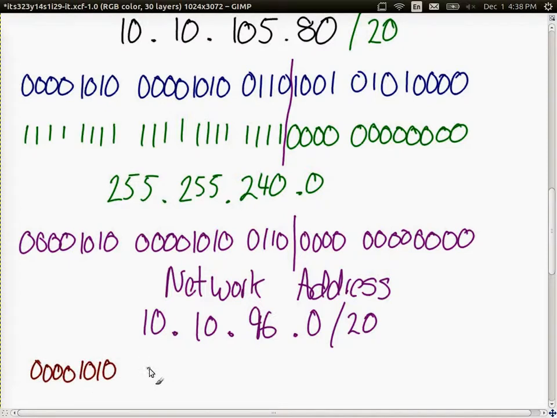Same network portion, so the first 20 bits are the same, but then the last 12 bits are all ones.